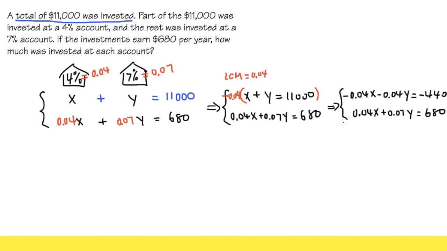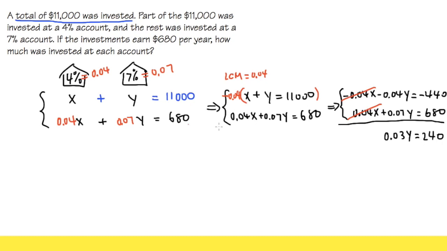And now we are ready to add the equations up together, because now we see negative 0.04x from the first equation will cancel out with the second equation because it has a positive 0.04x. And then we can just combine these two right here. Negative 0.04y plus 0.07y, that's 0.03y, and that's positive. And this right here, negative 440 plus 680, that will give us positive 240.